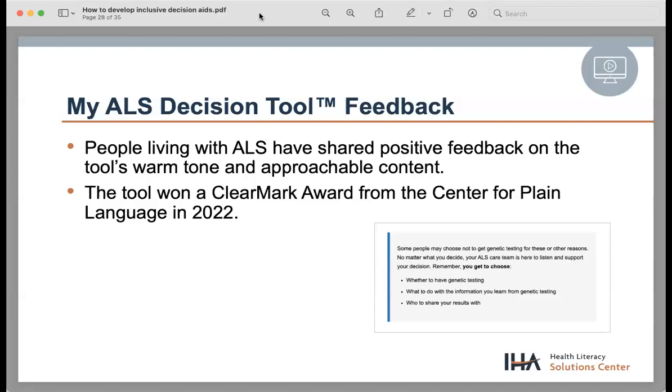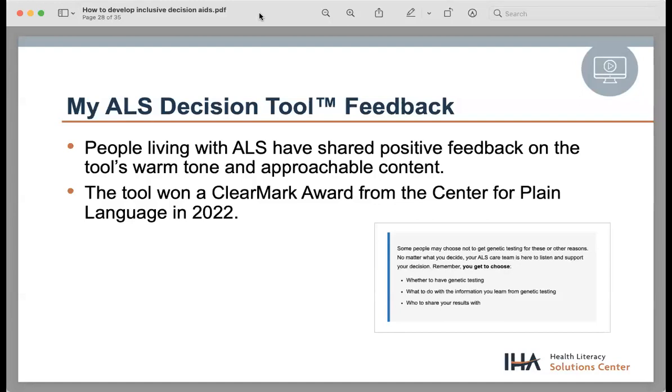I know there's an example in Australia that the Les Turner ALS Foundation had shared with us, but for American patients, there's not much information out there to help them simplify this decision-making process when they have so many complex care and treatment decisions to consider. So I think this tool really filled a gap there.